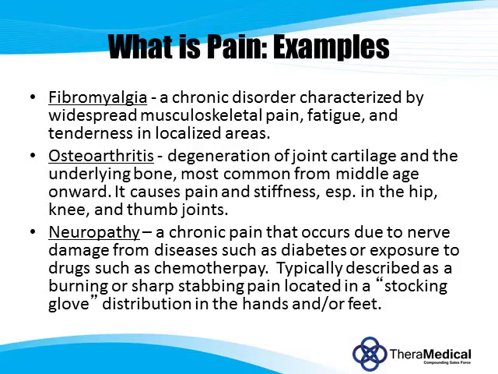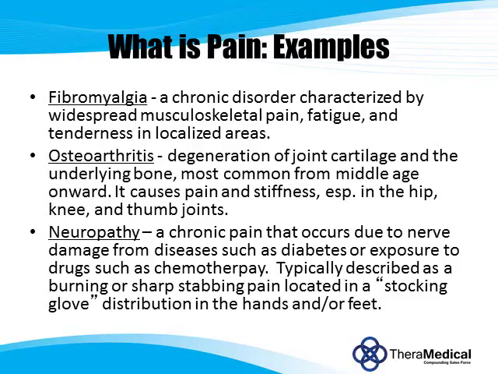Osteoarthritis is a chronic joint pain condition characterized by degeneration of joint cartilage and the underlying bone, which most commonly forms in the middle age and onward. It causes pain and stiffness, especially involving the major joints of the lower extremity, such as the hip, knee, and the thumb joint of the upper extremity.